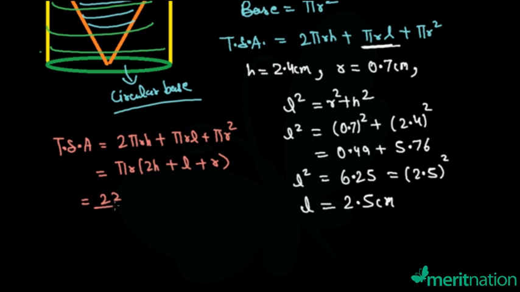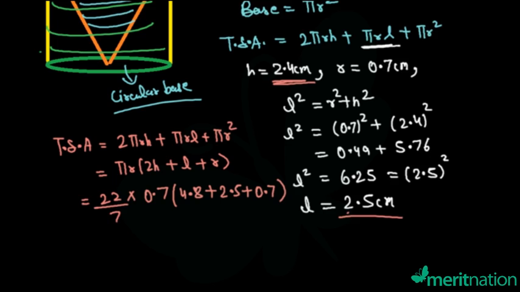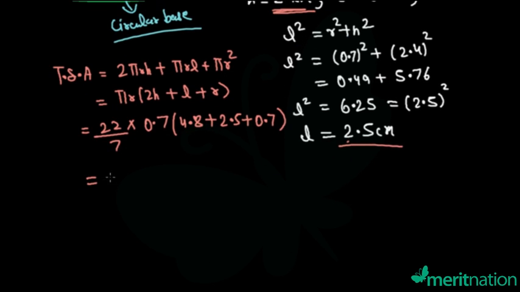Pi is 22 by 7, radius is known to us, which is equal to 0.7, into 2 times h, that would be twice of this height 2.4, 4.8, plus l, the slant height we just calculated, 2.5, plus r, that would be 0.7 once again. So 22 by 7 into 0.7. If you add these three, 4.8, 2.5, 0.7, that's going to be 8.